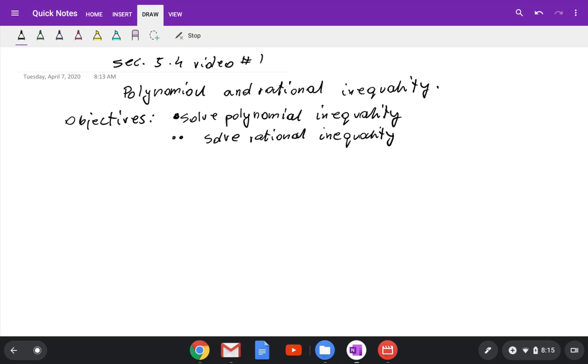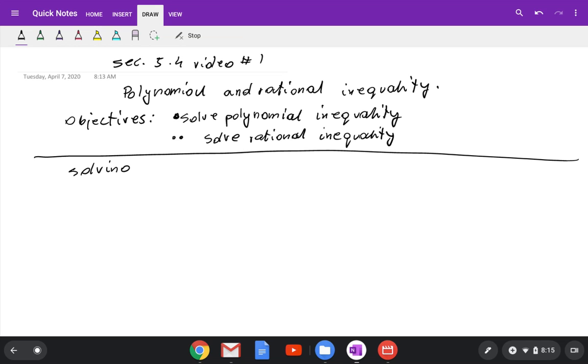Okay, so let's start with the example. Let's start with solving polynomial inequalities.